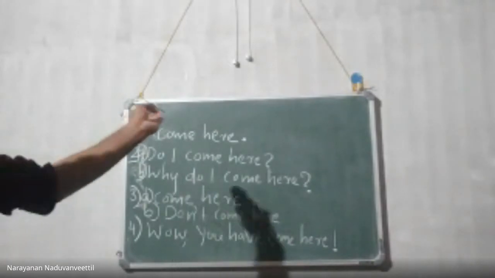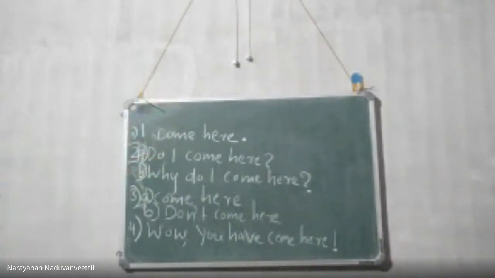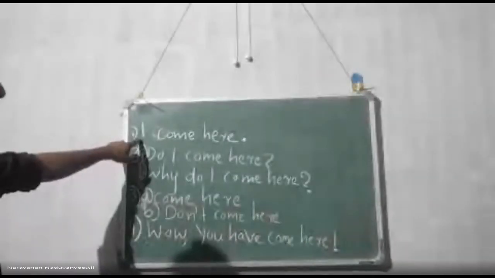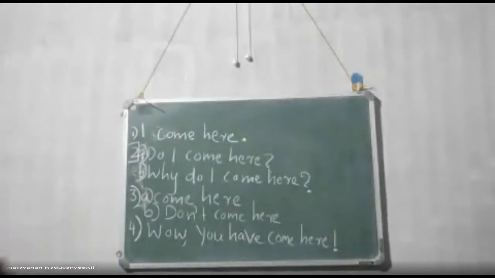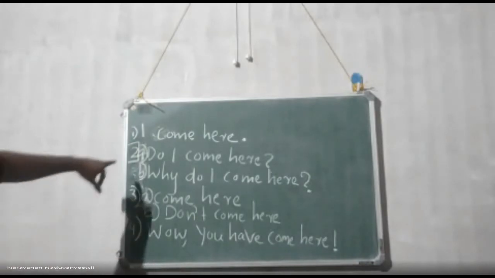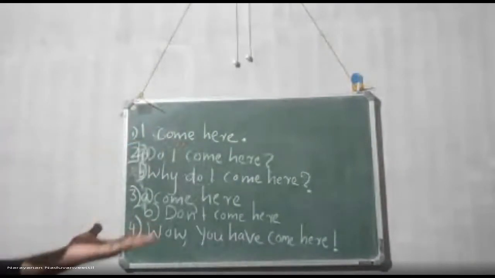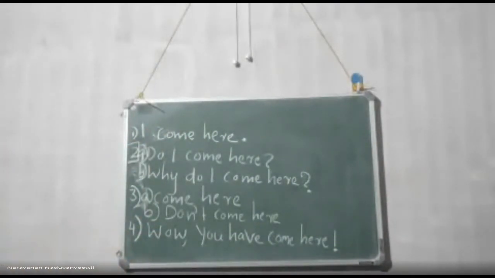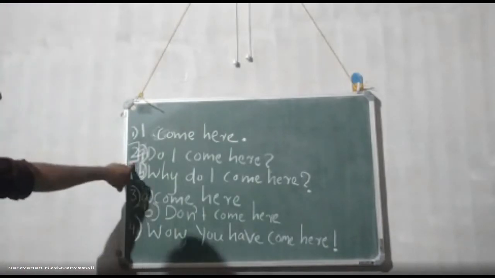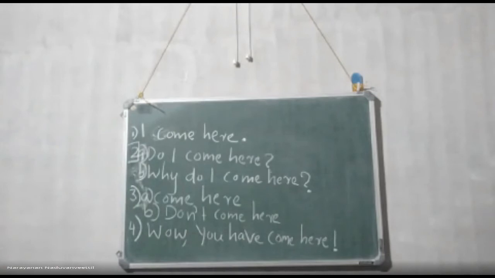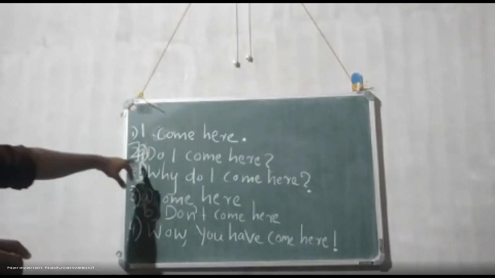First one, I come here, ends with a full stop, starts with a pronoun, that is the subject. Subject can sometimes be a pronoun or a noun. This is the example for our common assertive, declarative, affirmative sentence. The sentence that says something. Second one, the sentence that asks something, as a question. There are two types.